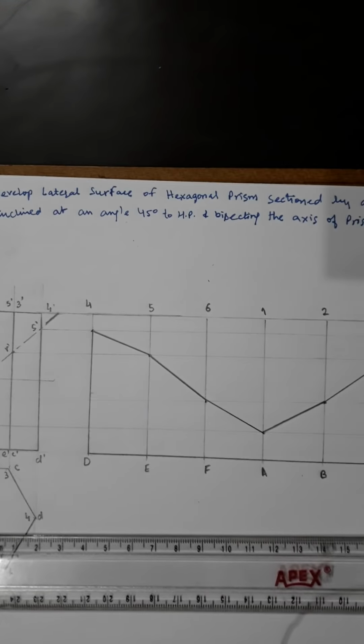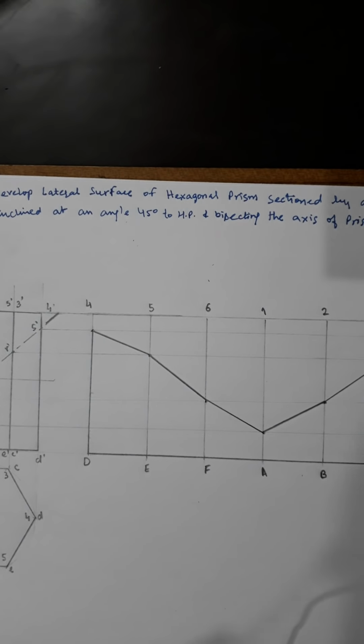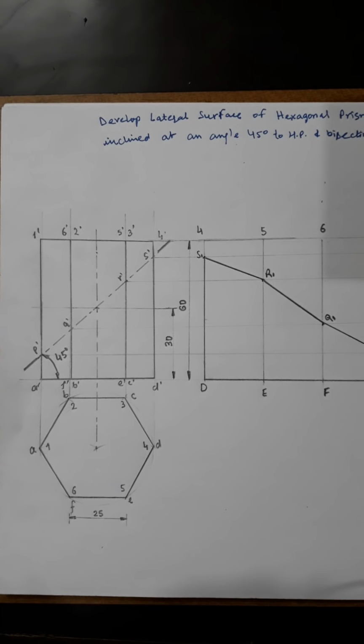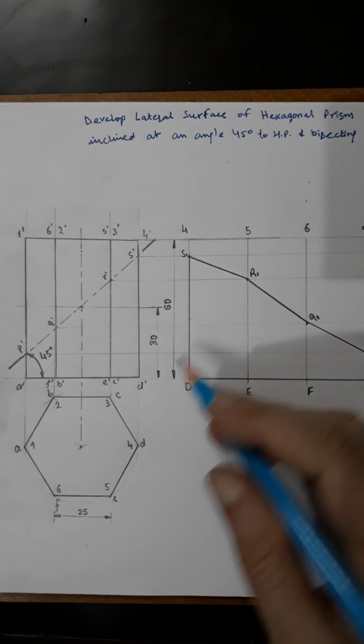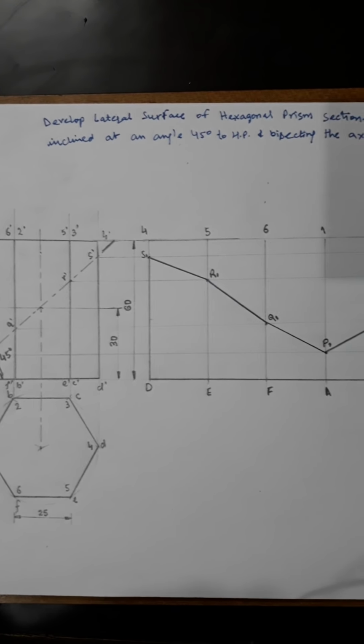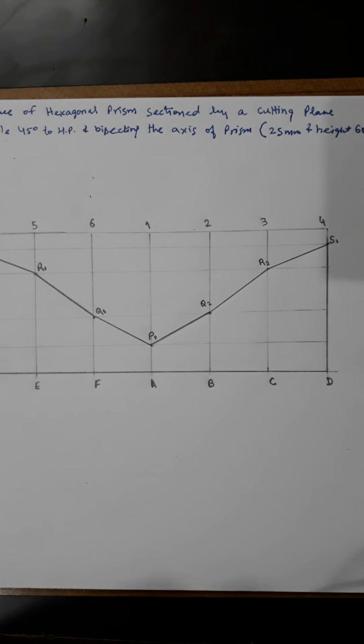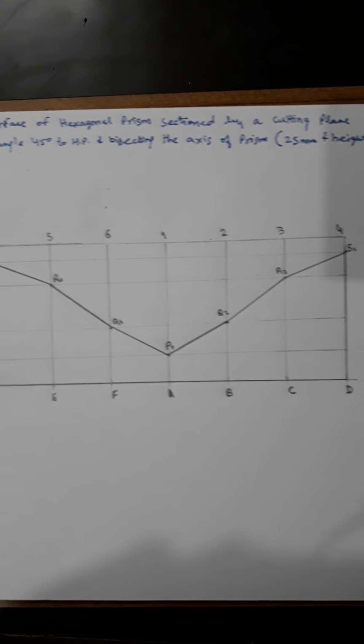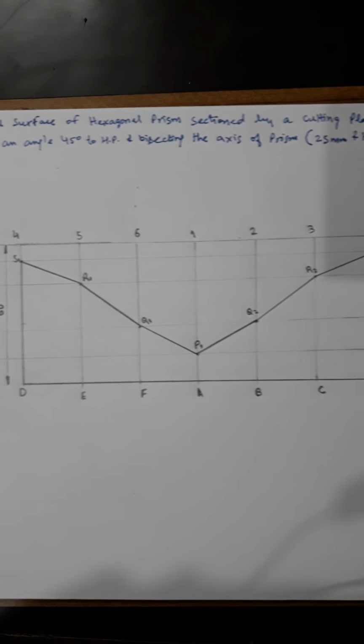Now it is complete. I will do the dimensioning, so I have done the dimensioning as well. You can check the size, all the dimensions I have done. So this is the development of the hexagonal prism. I hope you got it. Thank you very much.